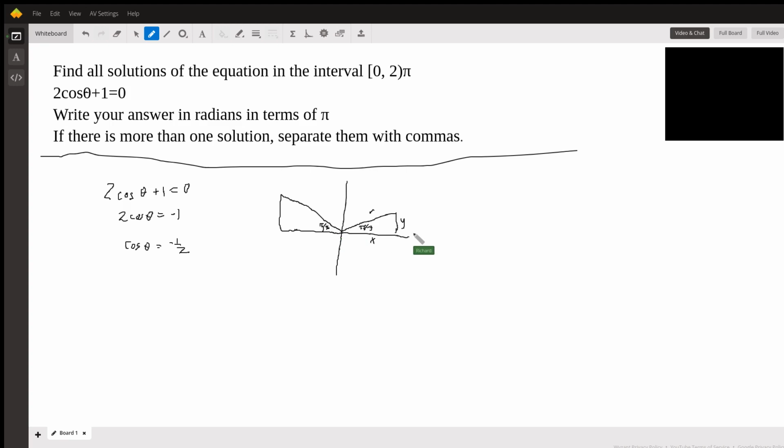And that way the cosine is going to be negative, because you see x is negative here. So this is one location. So this angle from here to here would be, if that reference angle is pi over 3, this angle of rotation here is going to be 2 pi over 3. So theta here would be 2 pi over 3.